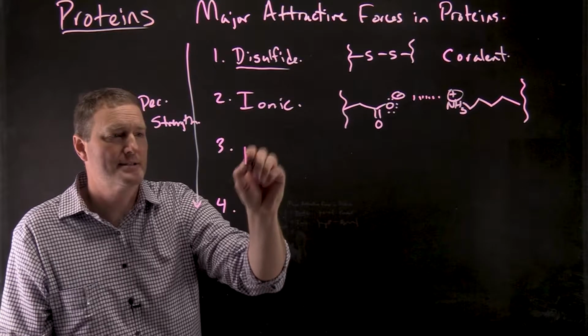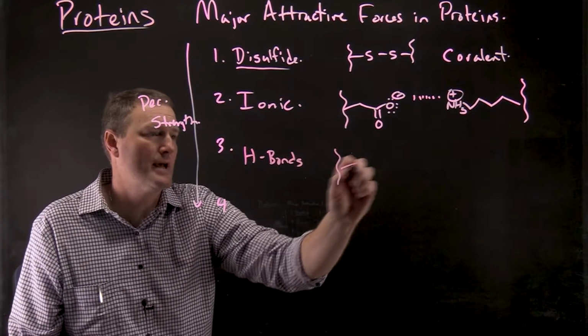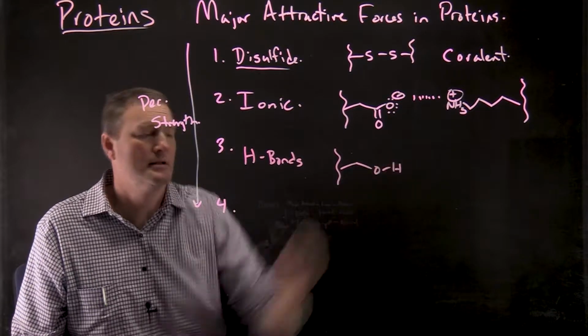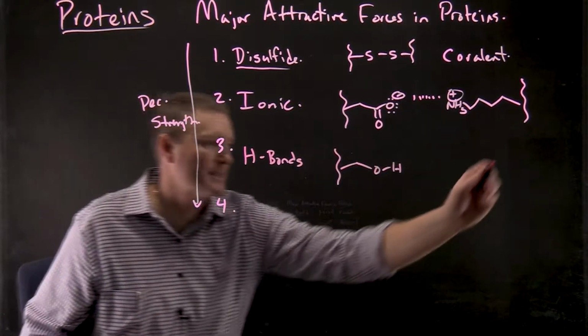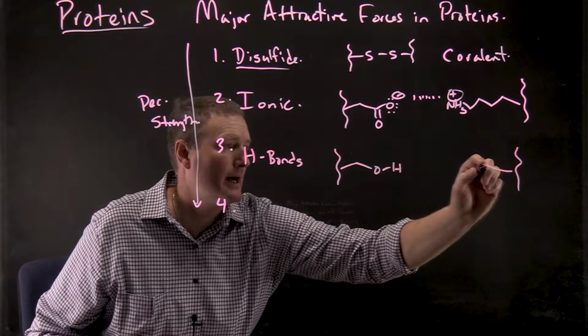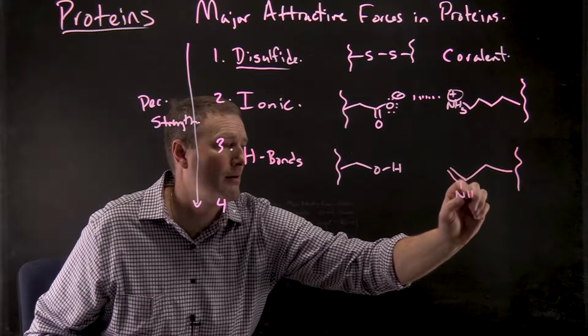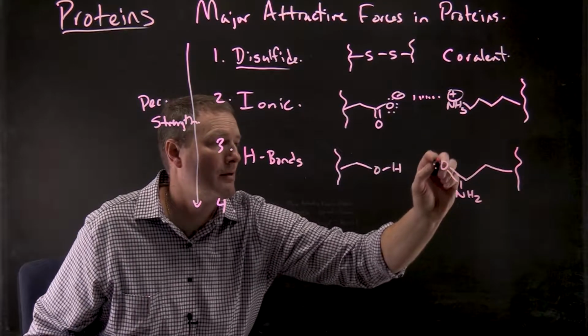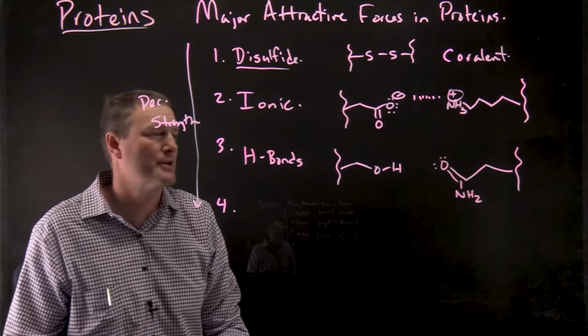Next would come hydrogen bonds. So if you had something like a serine in one part of the protein, and then somewhere else in the protein, let's draw asparagine.